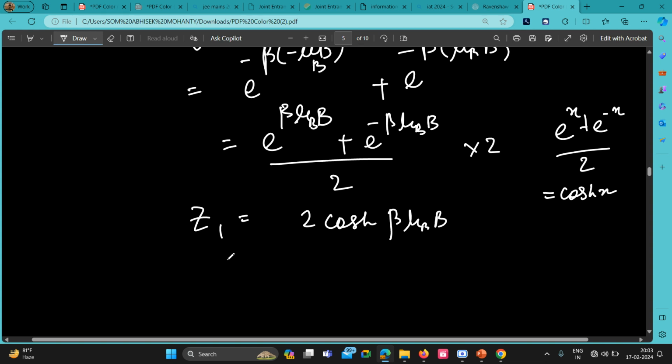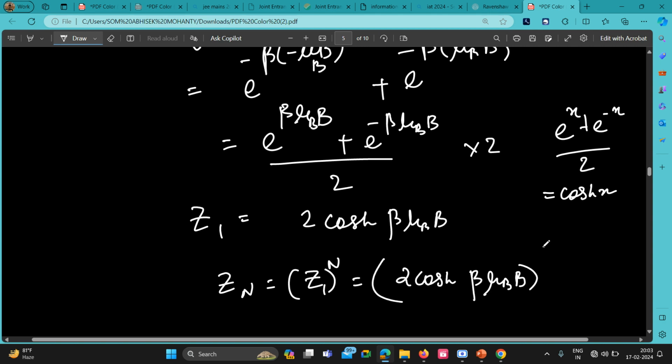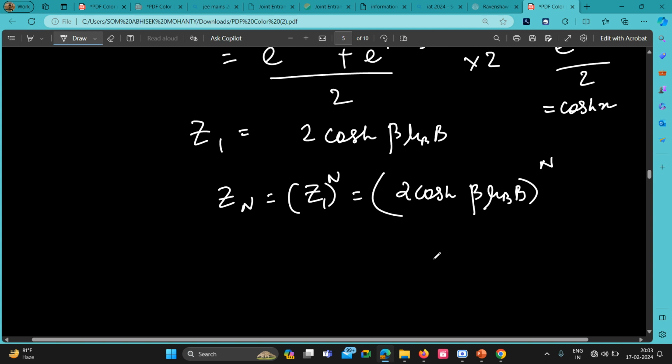So this is for a single particle. For N particles, Z N is equal to Z1 to the power N, that will be 2 cos hyperbolic beta mu B, to the power N. That's it. This is the partition function.